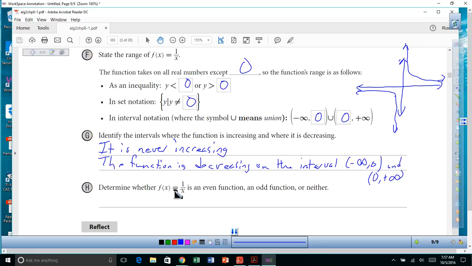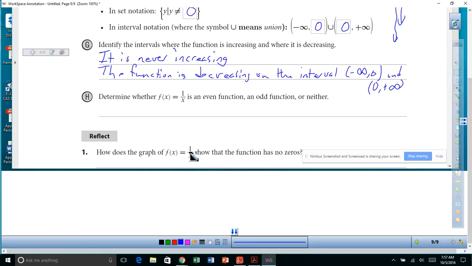Determine whether f of x equals 1 over x is an even function, an odd function, or neither. Remember how we do that? We say f of negative x equals 1 over negative x.